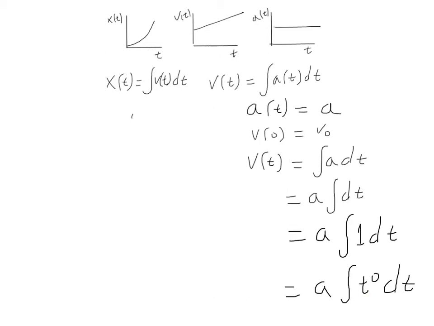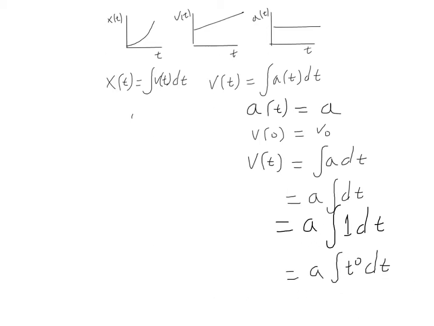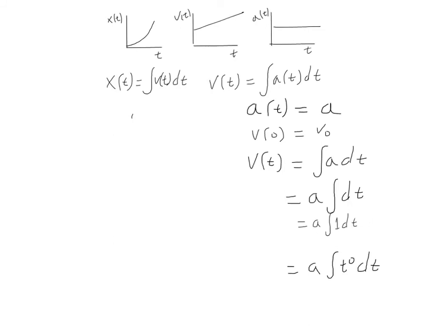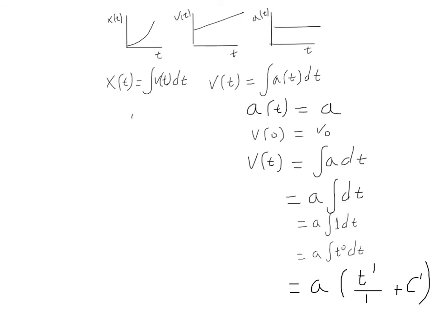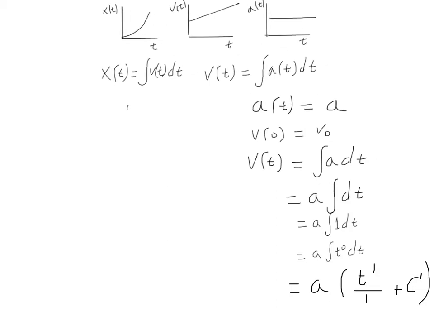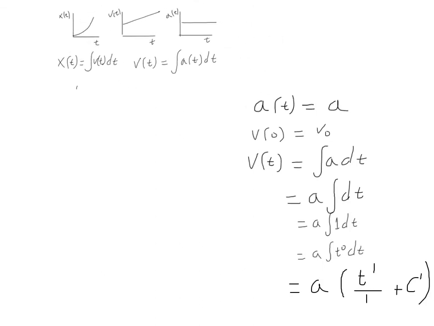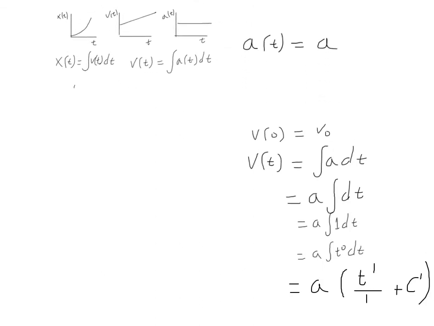And if I know that 1 is really t to the 0 power, then I can apply my integral pattern, where I just take t to the 0 power plus 1, and then divide by that 1, and so I can see that the integral of t to the 0 power is t to the first power plus c. Now there's another funny little thing about calculus that I need to make some room for, so I'm going to make even more room over here. So I'm going to move all these things.